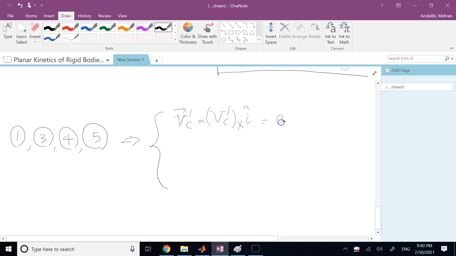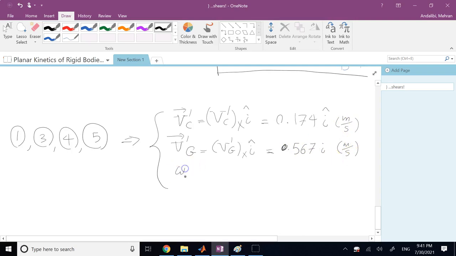It is 0.147, so it's going to be 0.147. v prime of g is only the x component of it, and that guy is 0.567 i. The units are meters per second.